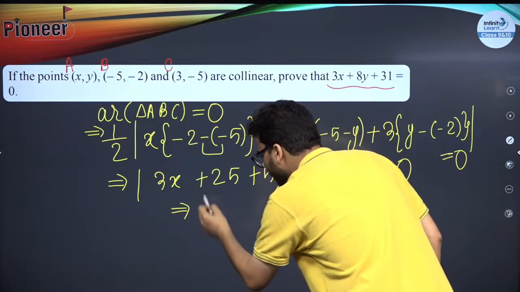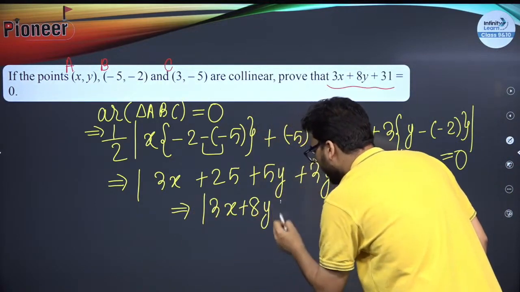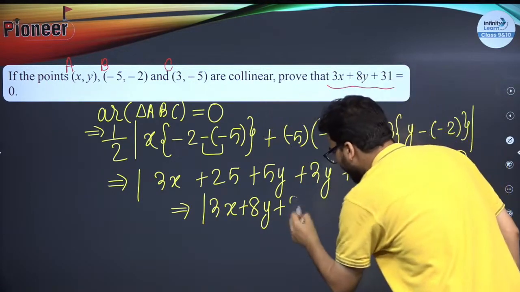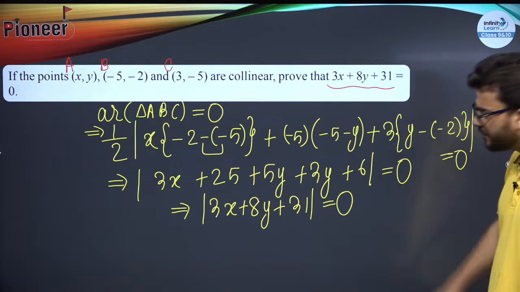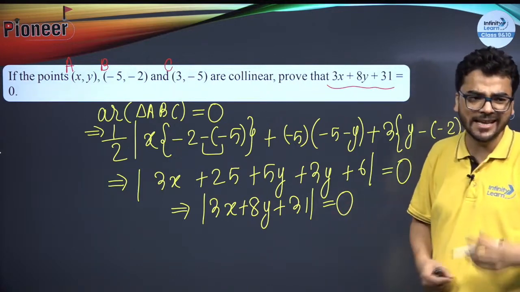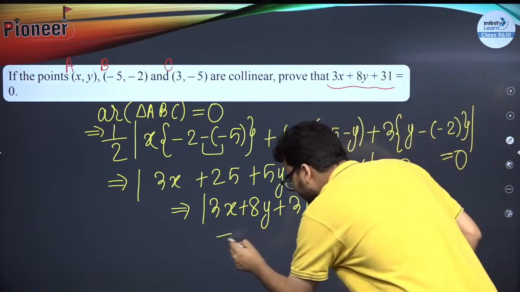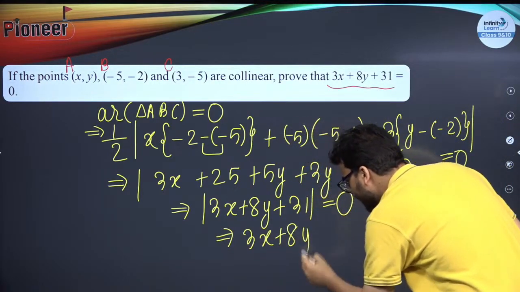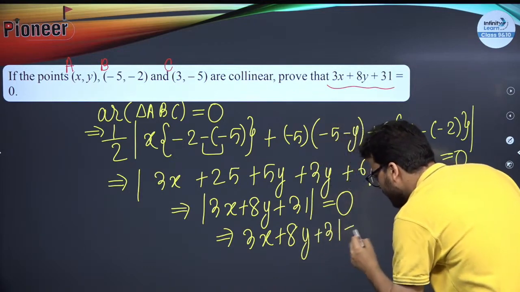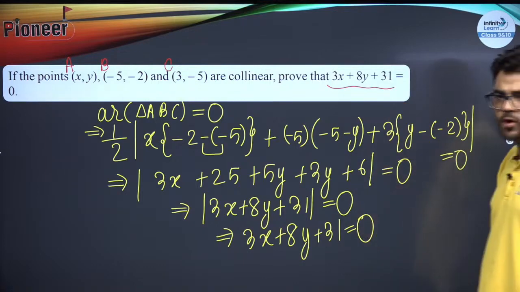So we are going to get modulus of 3x plus 8y plus 31, that is equal to 0. So you see there is no other possibility. If modulus of something is 0, it means that thing is equal to 0 itself. So there is no other possibility but to take 3x plus 8y plus 31 equal to 0. So you see we have to prove the same thing, 3x plus 8y plus 31 is equal to 0.